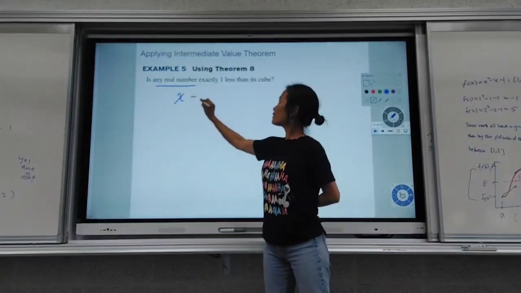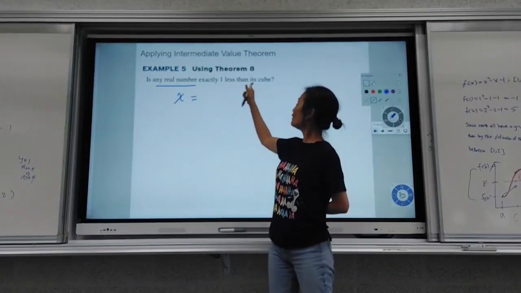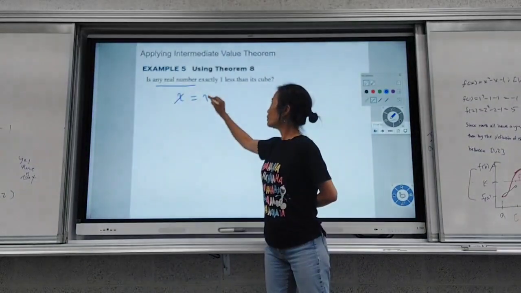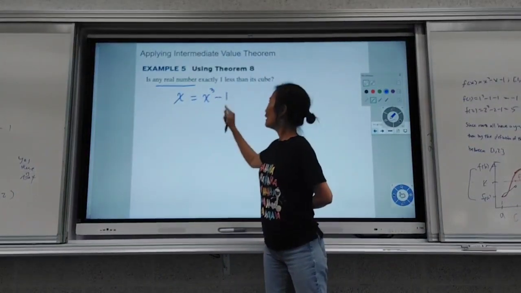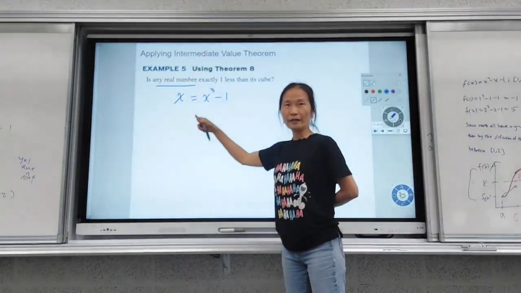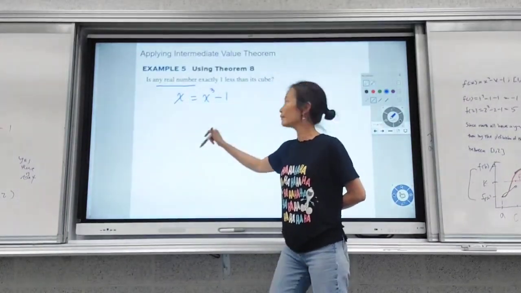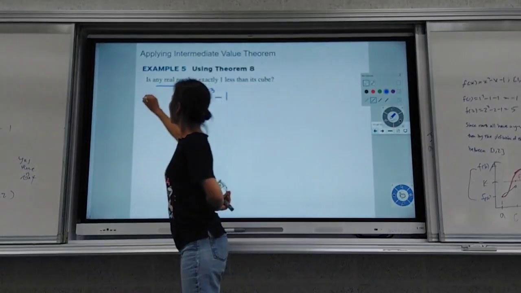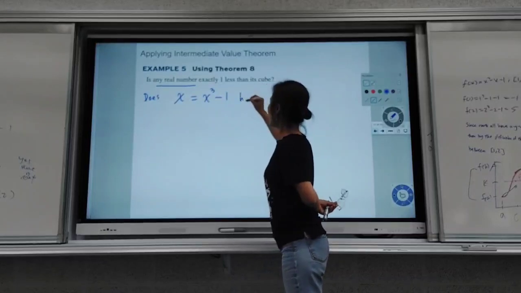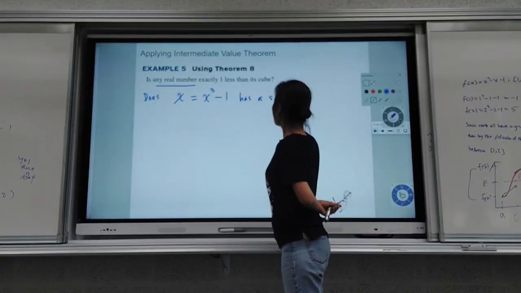X is exactly 1 less than its cube. What is the right side? X cubed minus 1. I'm asking you, does this equation have a solution? Does this have a solution?